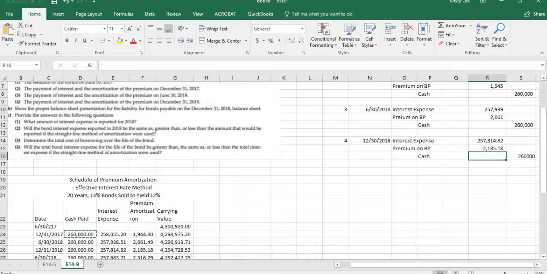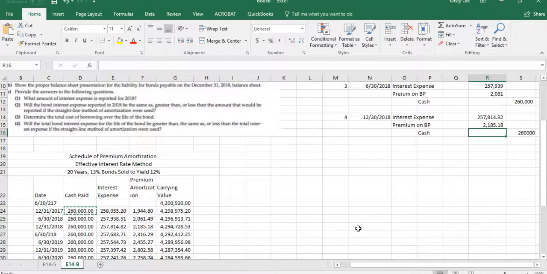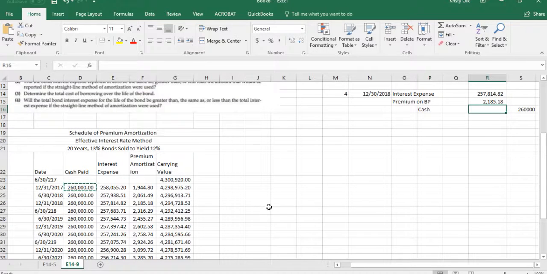So on 12/31/2018, we've come to the end of a year, and we just want to see for that specific point in time, what would the presentation of the bonds payable look like? So I will bring that down here.